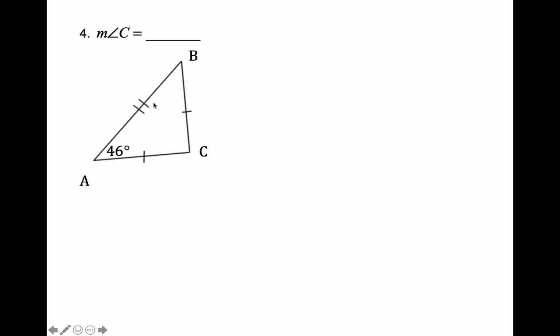For number 4, the two sides that are marked equal are AC and BC. So the line of symmetry is going to go between those two congruent sides. So if this angle is 46, then this angle is 46 because of that symmetry. This angle is the one I don't know. We'll call it x.